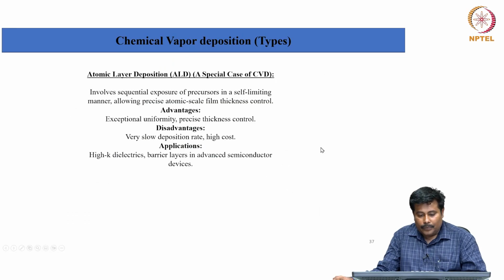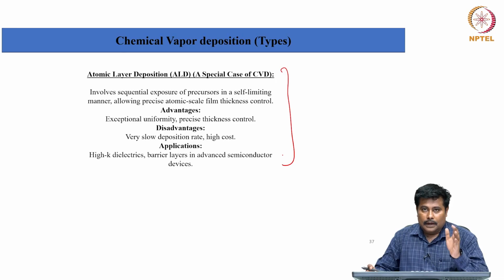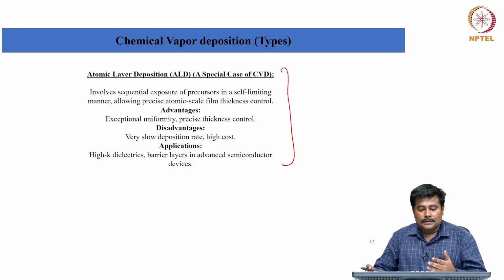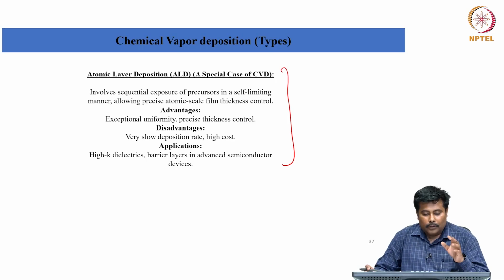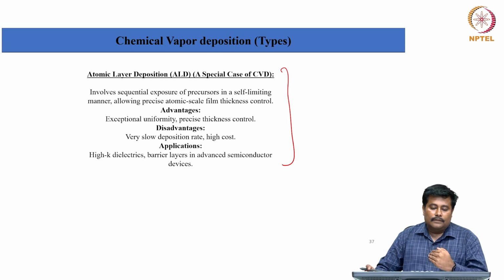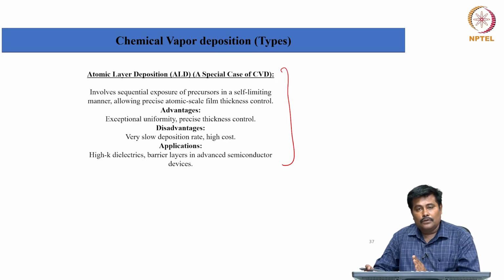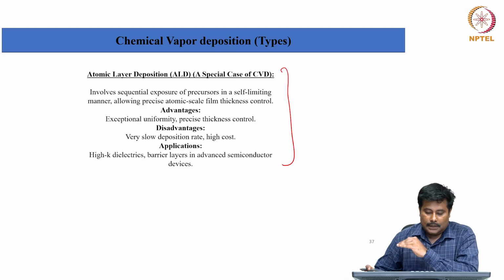The most important, or I would say a specialized, CVD process is called atomic layer deposition. Atomic layer deposition involves sequential exposure of precursors in a self-limiting manner, allowing precise atomic scale film thickness control. The main advantage is exceptional uniformity and precise thickness control.